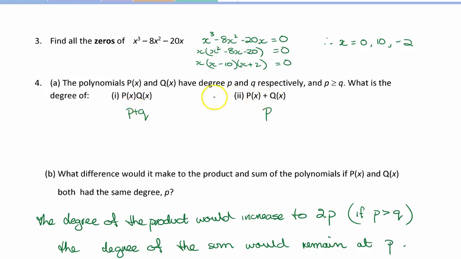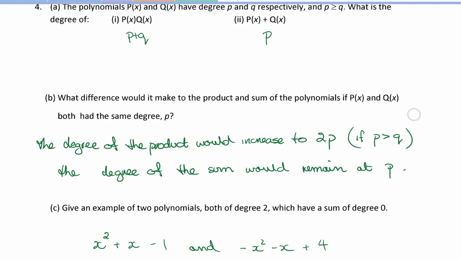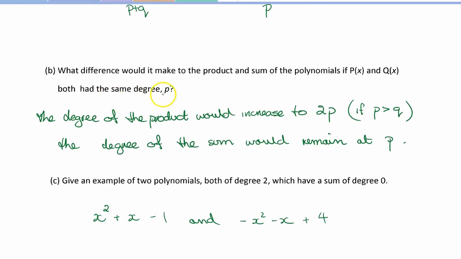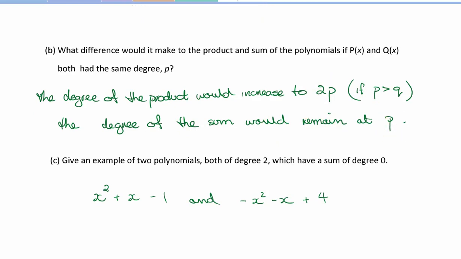And what do we do when we add the polynomials? Well, the highest degree doesn't change. What difference would it make to the product and the sum if they had the same degree? Well, we add p and p, so it becomes 2p, which is bigger than p plus q, if p was greater than q. But the sum still has degree p.